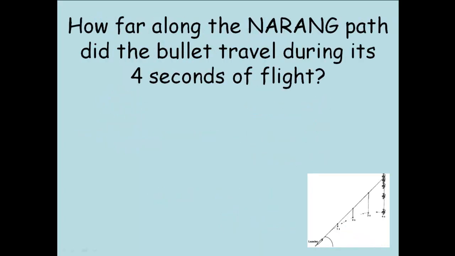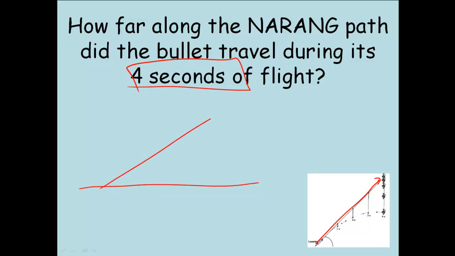Lastly, let's talk about that narang path. Right along here. We know it's traveling for 4 seconds. How far? Well, this is at 50 degrees, right? And we know it's traveling a time of 4 seconds.